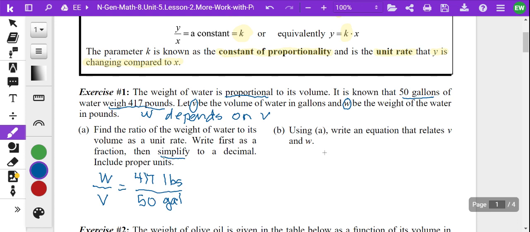Okay, so now that I know that W is my y and V is my x, I can go ahead and write an equation. So y is equal to, and this is my k. This fraction right here is my k. So y is equal to 417 over 50 times x.